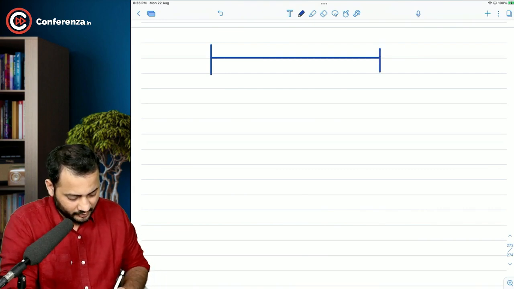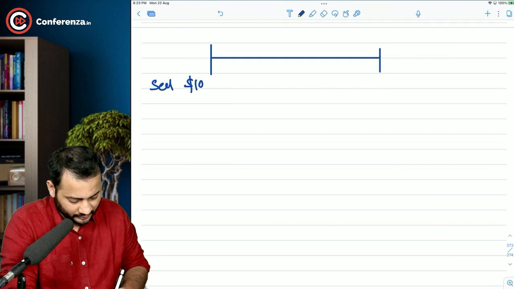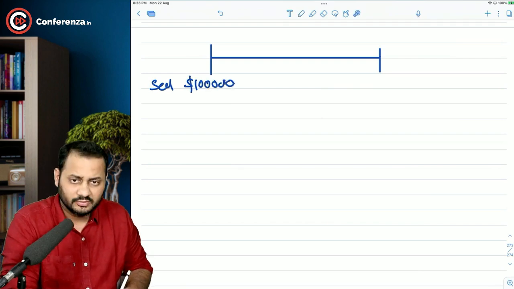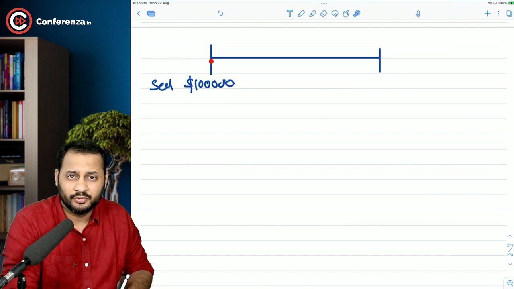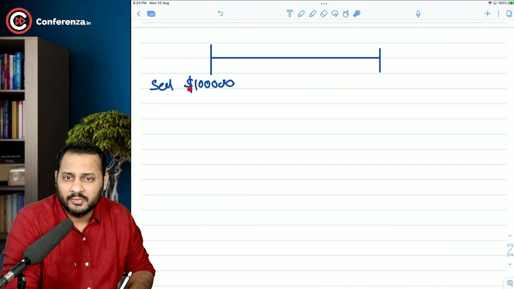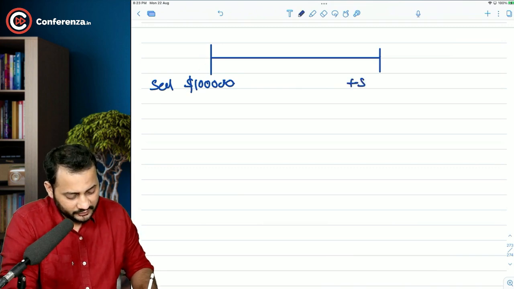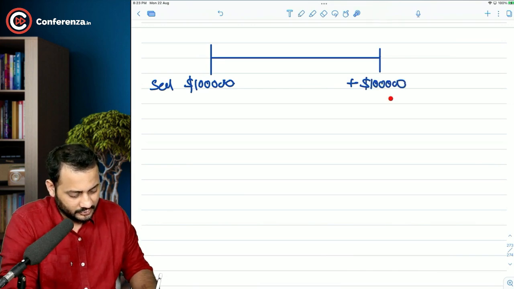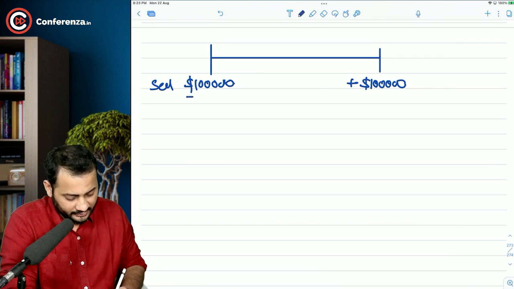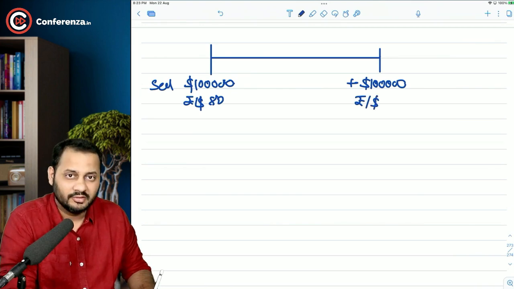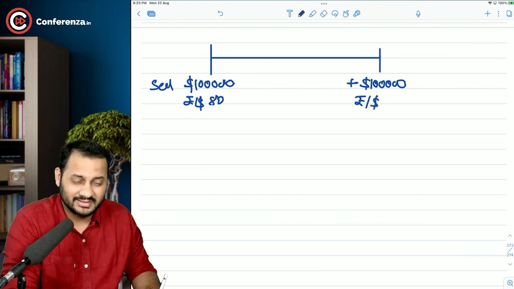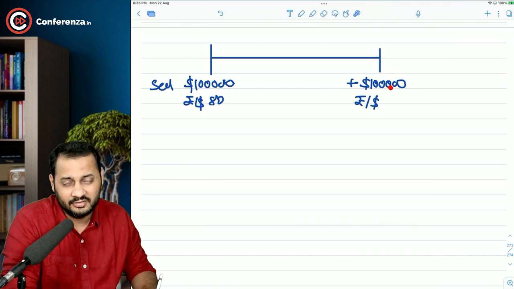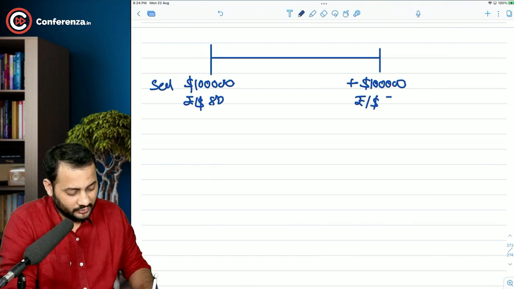Let's say for example you have made a sale of $1 lakh today, but this is not the date when you are going to receive the money. You just made a sale today to some foreign party in America, and you are going to receive this cash flow after 3 months. $1 lakh. What will happen? See, today the rate is 80 rupees per dollar, but you are scared that by the time you receive the dollars and convert them with the bank, the rate will go down to 70.